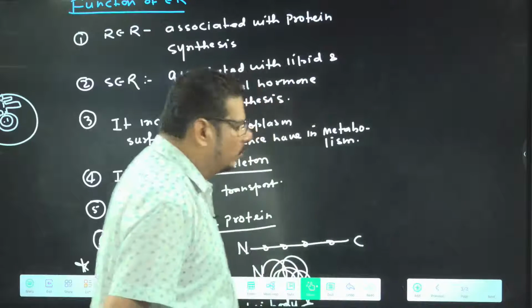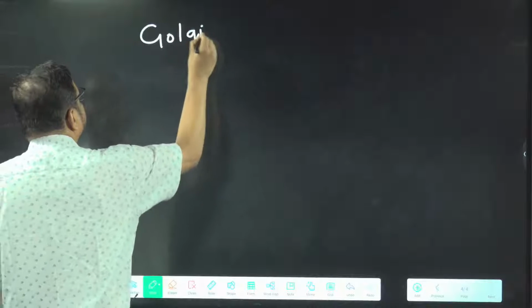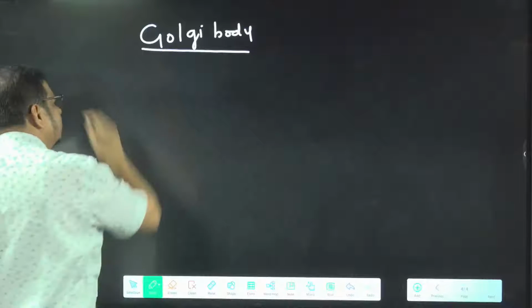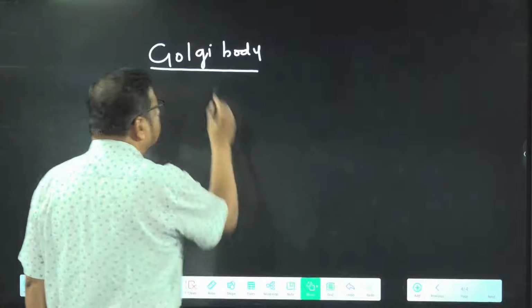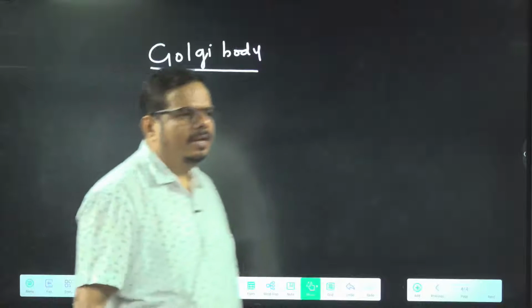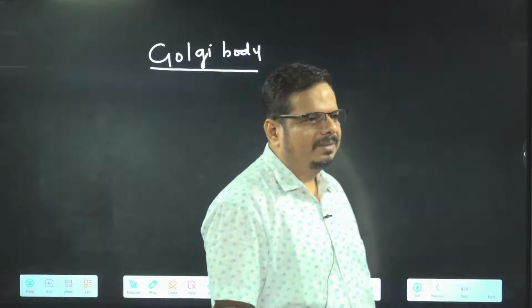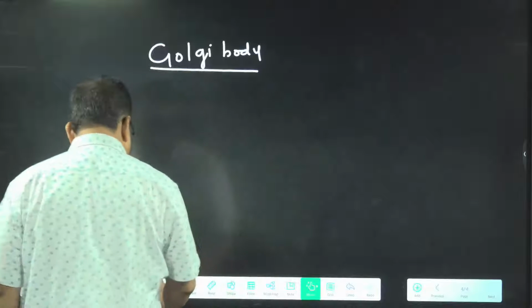Now we are going to move on to the next cell organelle, Golgi body. Right. Already you know who is forming the Golgi body. Endoplasmic reticulum. Right? Done? Now I am moving ahead about the Golgi body.